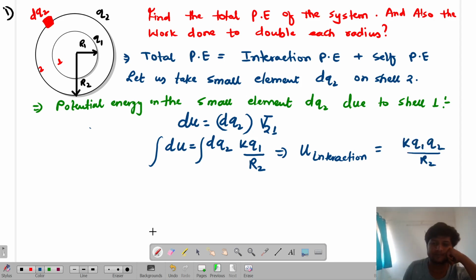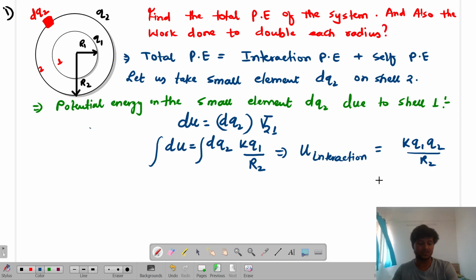Is that clear? बस। तो ये तुम्हारा क्या लाया? इंटरैक्शन पोटेंशियल एनर्जी। ठीक है, where r2 is the outer radius. Is that clear?